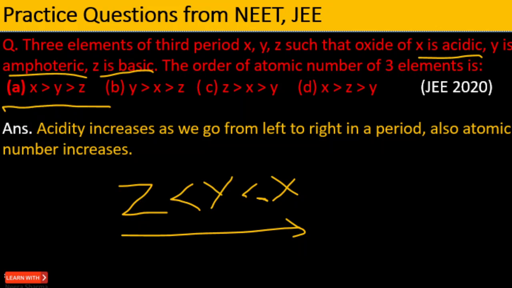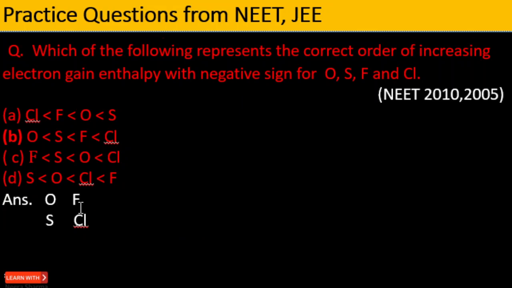Then A would be the correct answer, as X is greater than Y is greater than Z. So the correct answer is A. Let's take the next question. Which of the following represents the correct order of increasing electron gain enthalpy with negative sign for oxygen, sulfur, fluorine and chlorine?